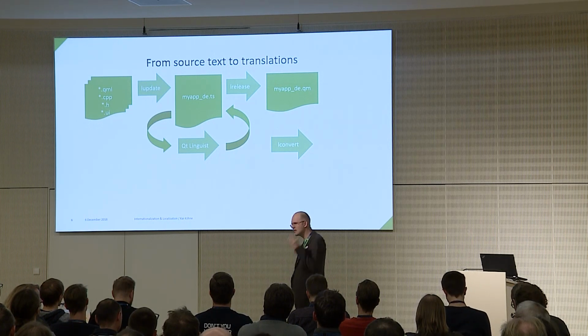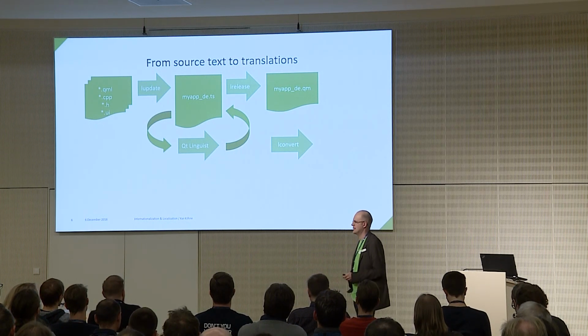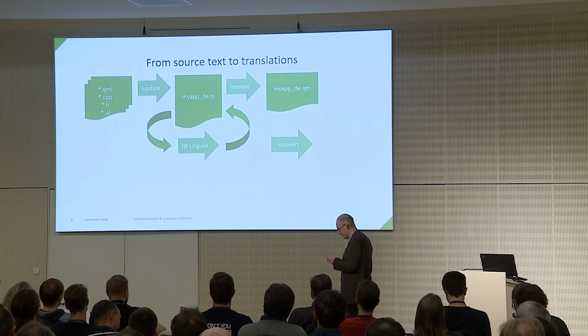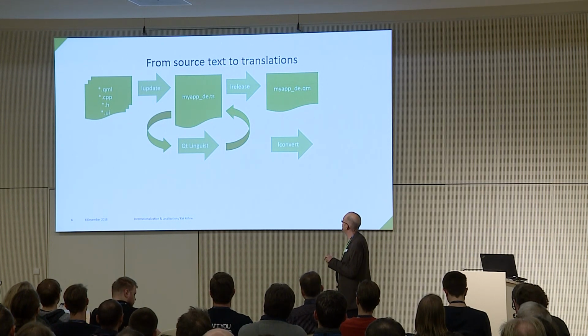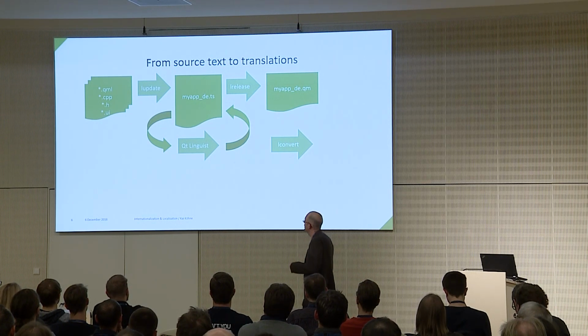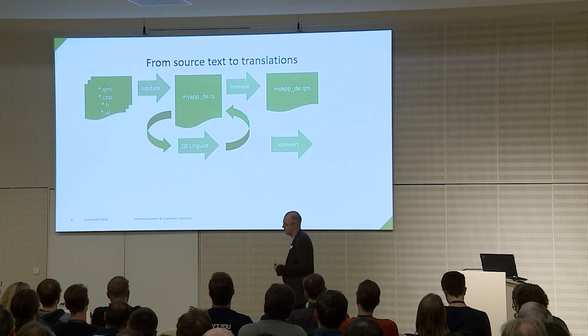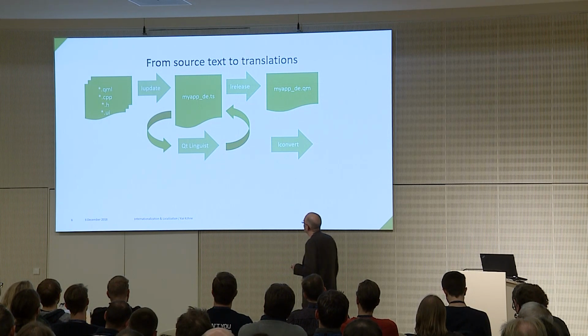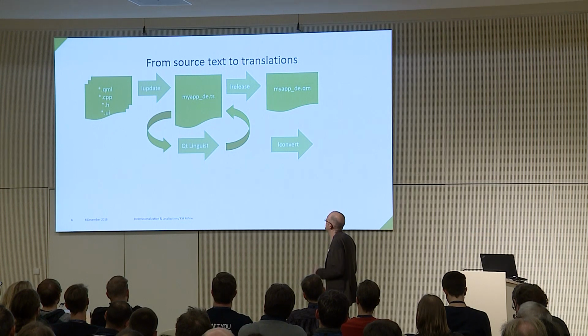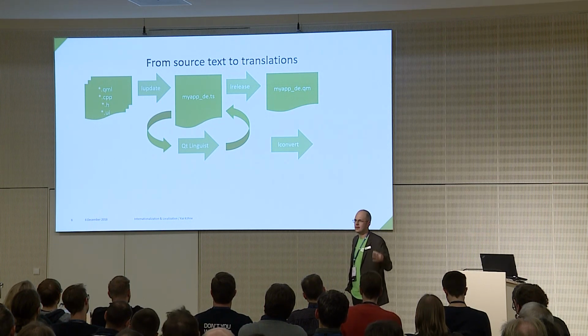He wants to have just a list of strings to translate. So there is a tool for that since forever, which is called lupdate, and that you can run either on a directory or on a project, and that will scan all the source files for strings and contexts.